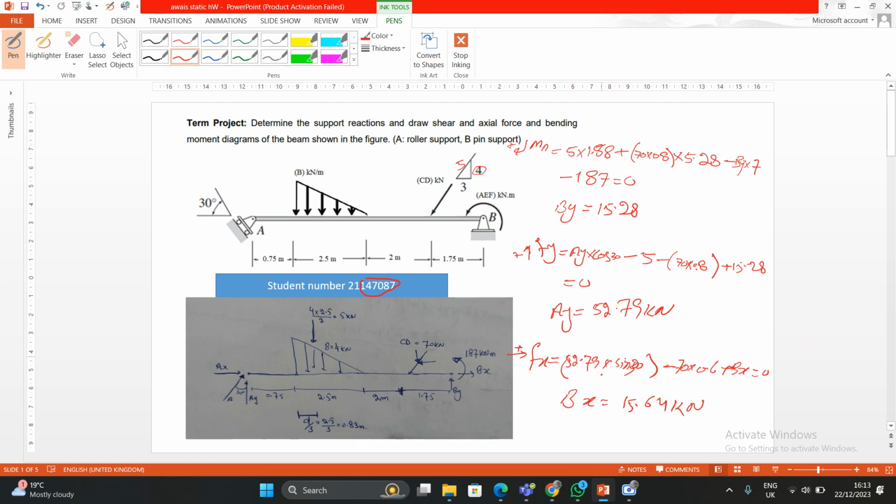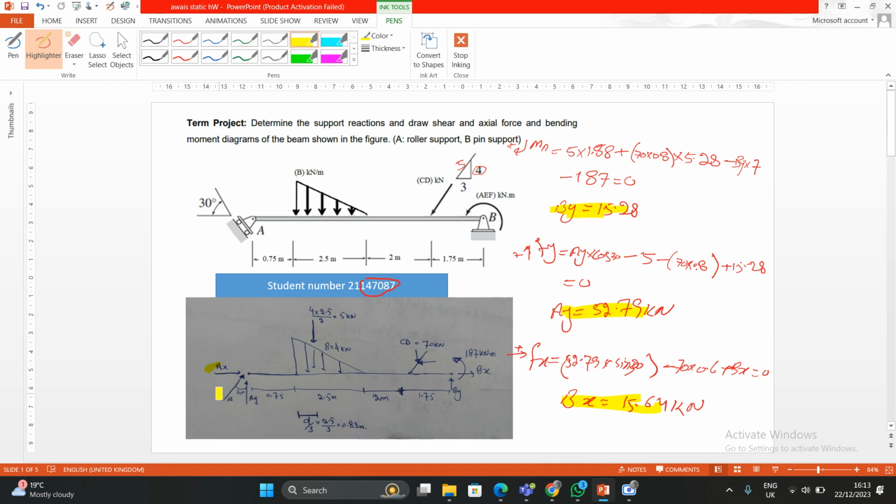So now I can show you how to make sure that the supports we found are correct or not. Here we found three supports. If you can see here, this is By, this is Ay, and this is Bx. So what is Ax? Ax is the same thing here, which is 52.79, but you multiply with sine of 30.